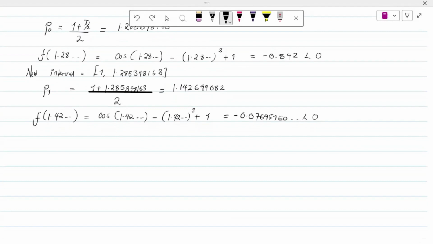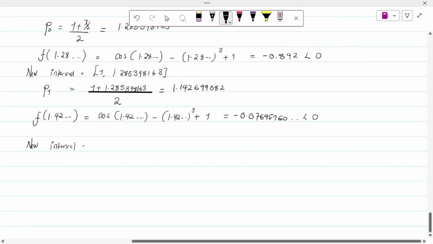So the new interval will be between 1 and 1.42699082. And then we can get P2.